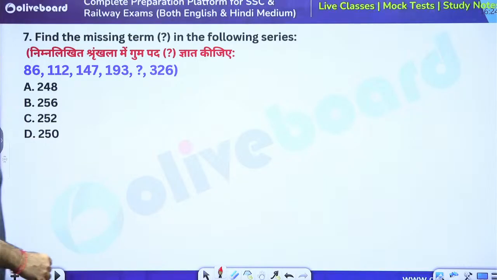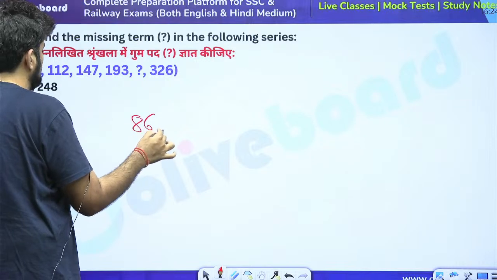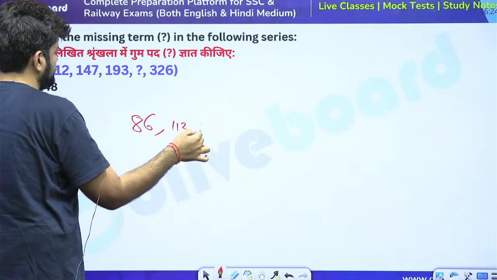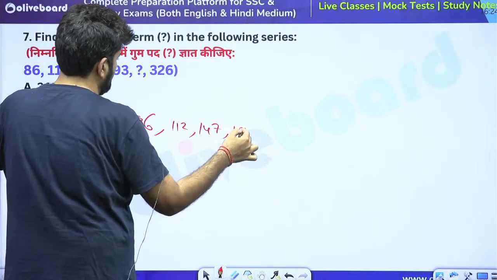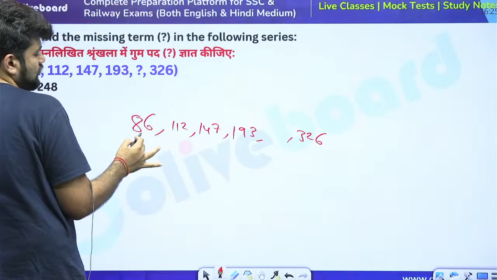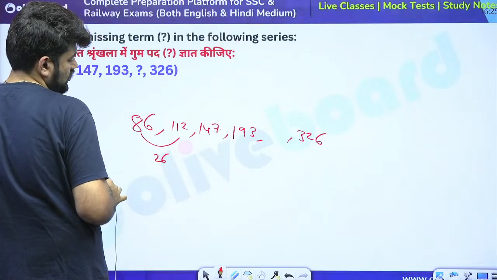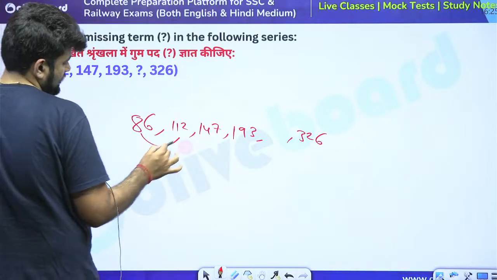Find the missing term, just take the differences because there does not seem to be a big difference or a big change here. Okay, so this is 6, 2, right?